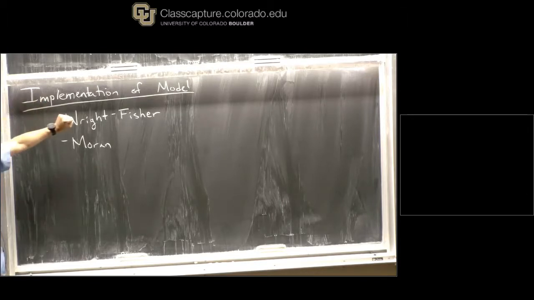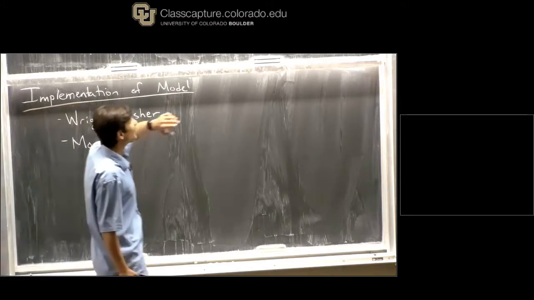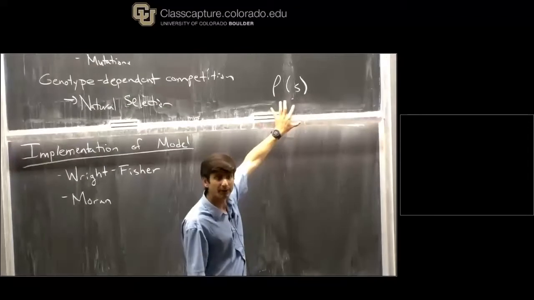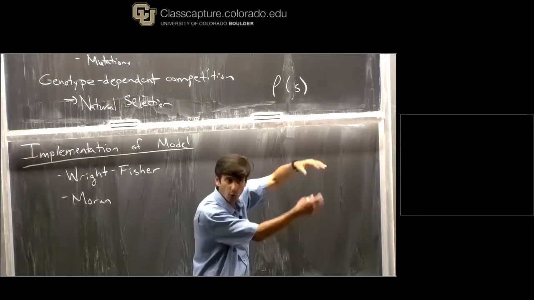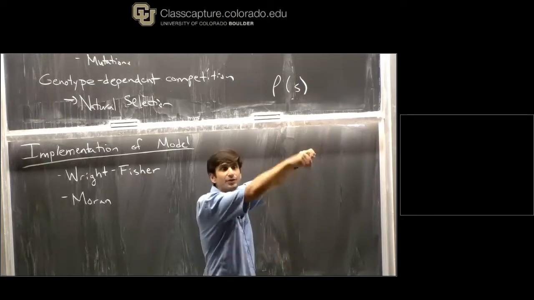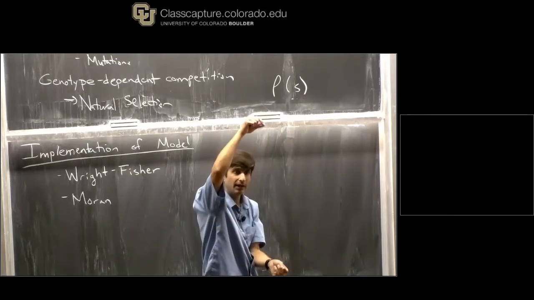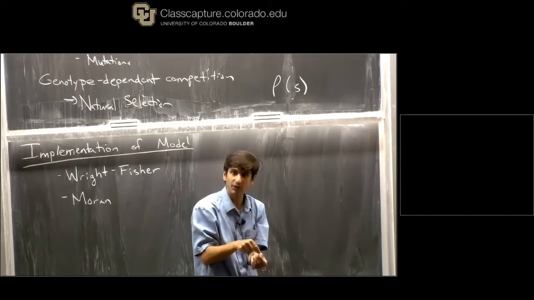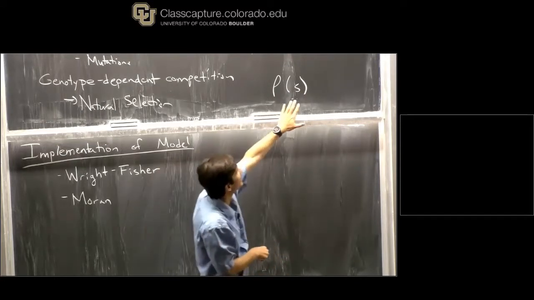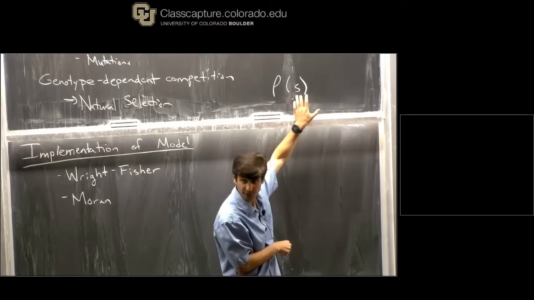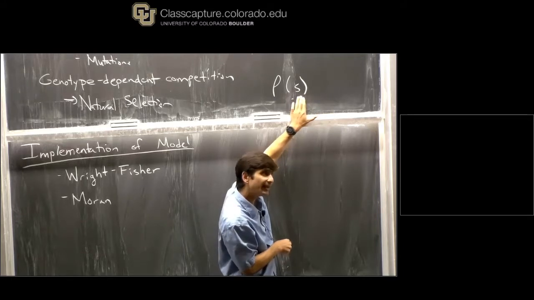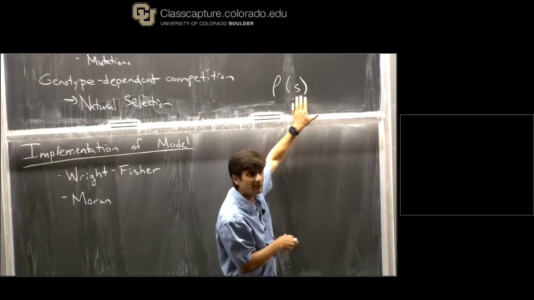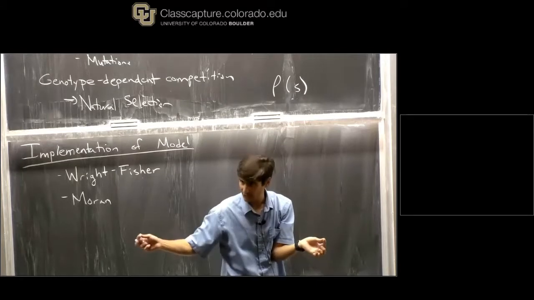We can incorporate natural selection into this model by basically saying that each individual has a bunch of mutations that have happened over the history of its lineage, and we just keep track of what those mutations are. Each of those mutations has some selective effect S drawn at random from this distribution, rho of S. And then we say the fitness of the individual is given by the sum of the effects of all the mutations that it has.